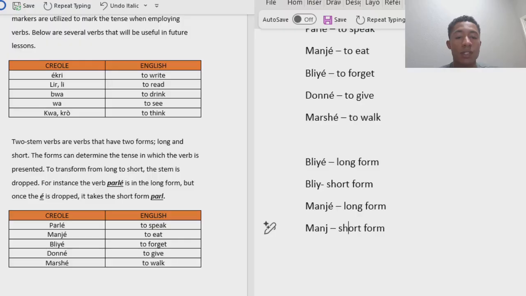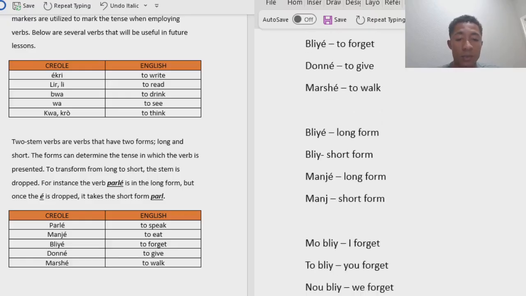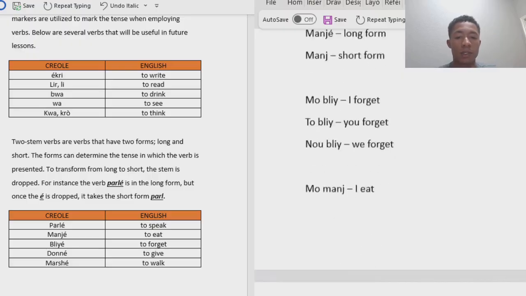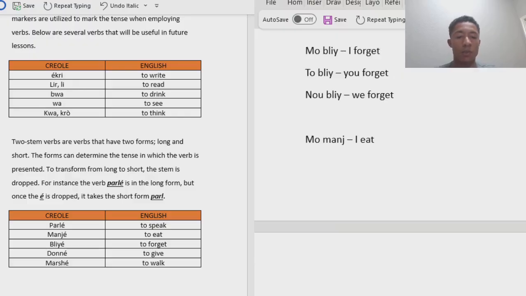So if you wanted to say I forget, m'oublie, t'oublie, n'oublie, and the same thing happens with mange. Mange, mange, nous mange.